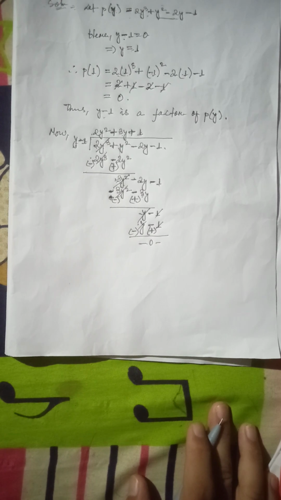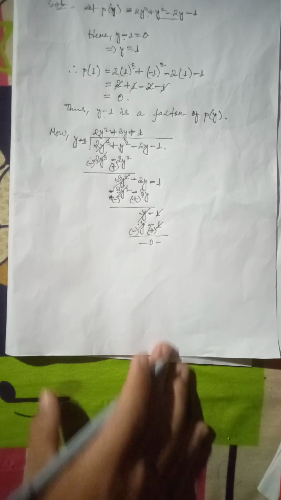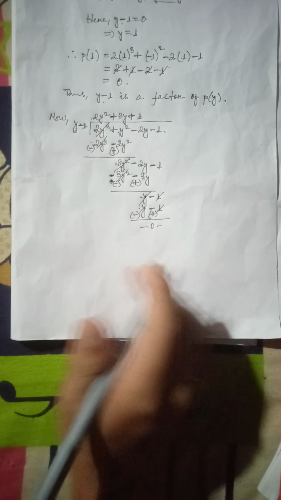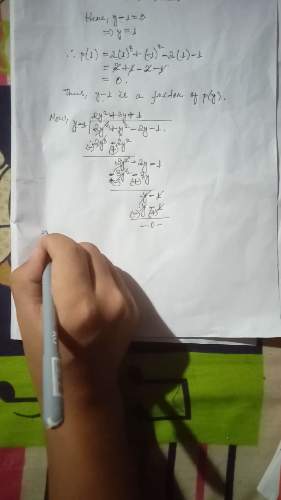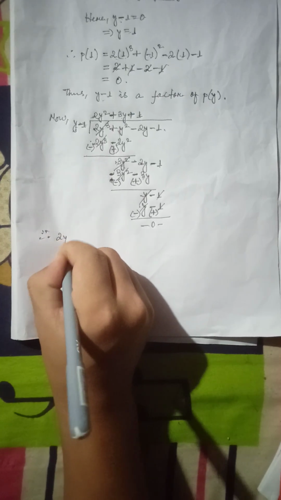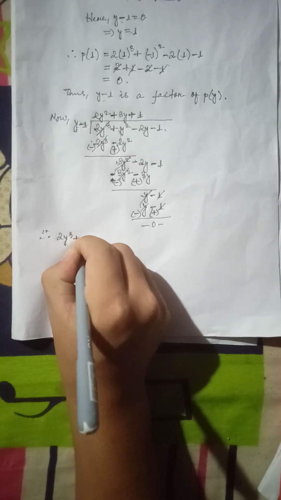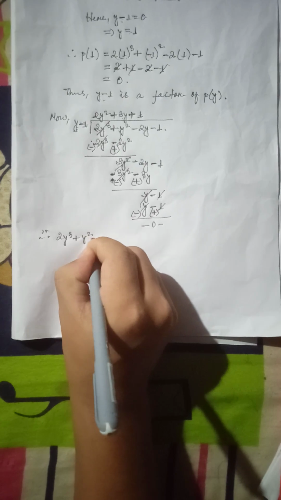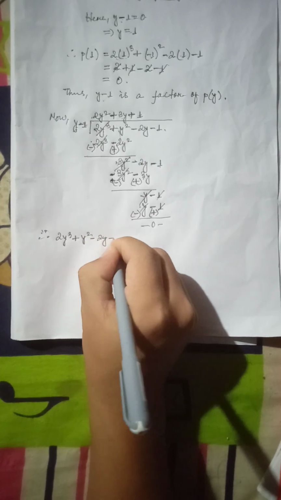And after that, we are about to take whatever common that we can get from this. You write it, and therefore what is the value of px that we have? It is 2y cubed plus y square minus 2y minus 1.